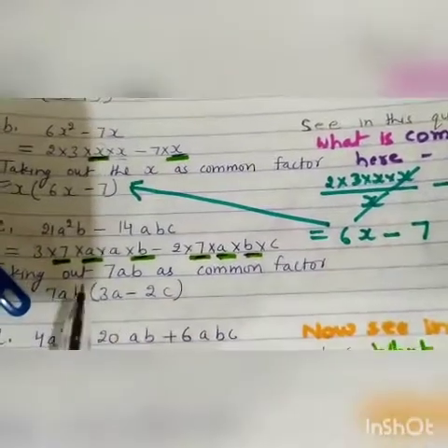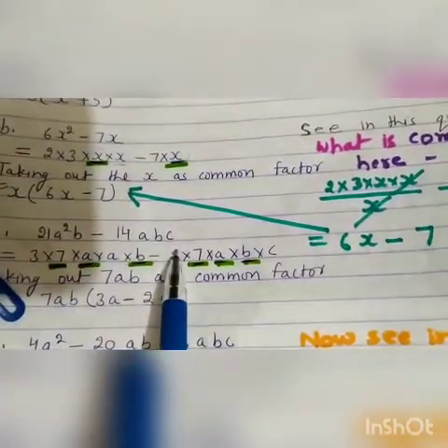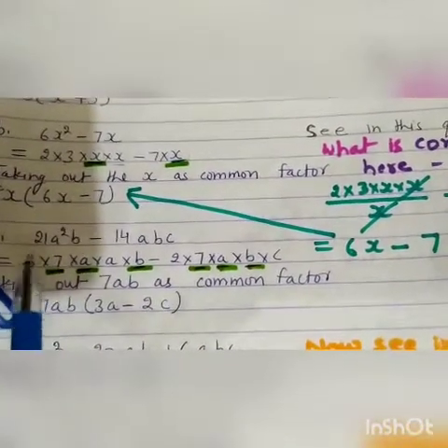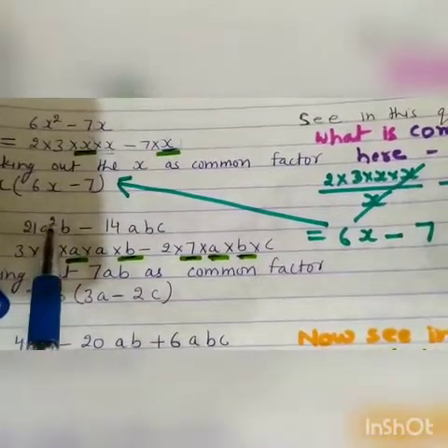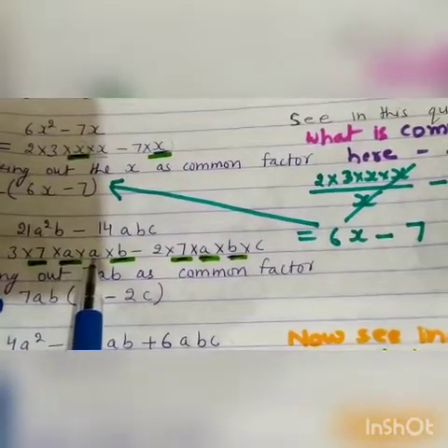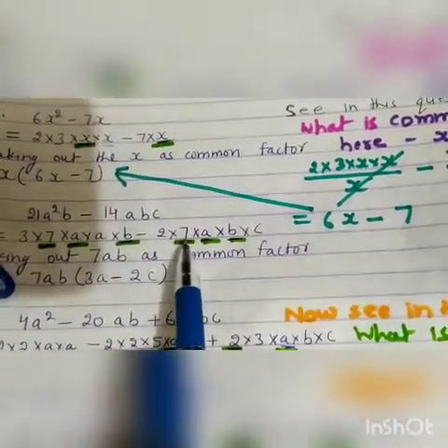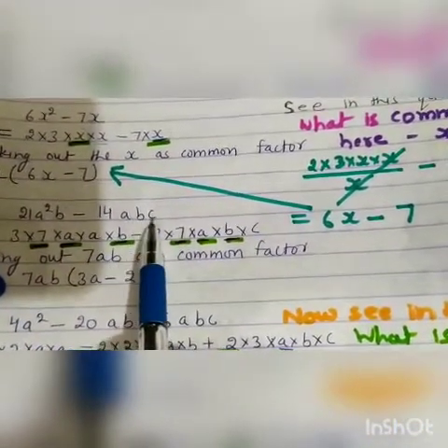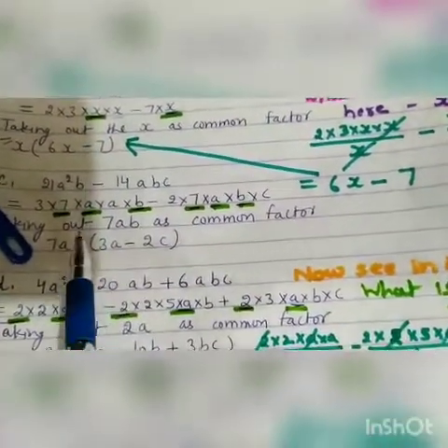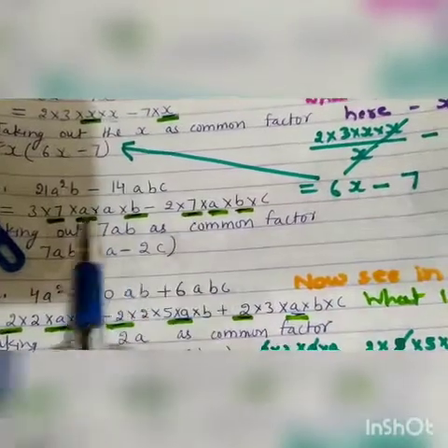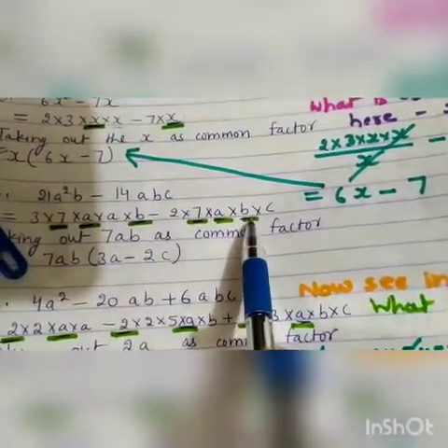Next part. It is 21a square b minus 14abc. Again if we factorize this 21, it will be 3 7 is 21. So 3 multiply 7, this a square will be written as a multiply a, then this b, minus 14 will be written as 2 7 is 14. Then abc. Again see what is common. This 7 and 7 common, a and a common, b and b common.